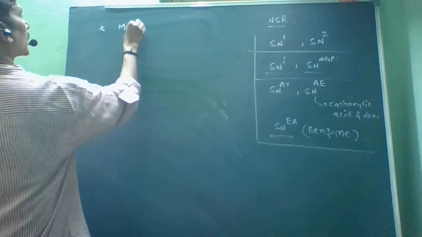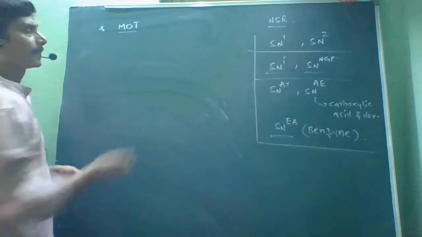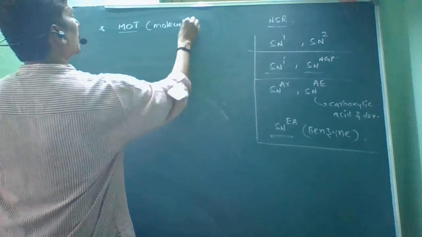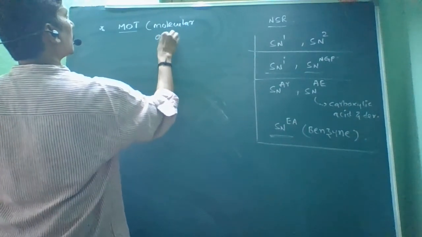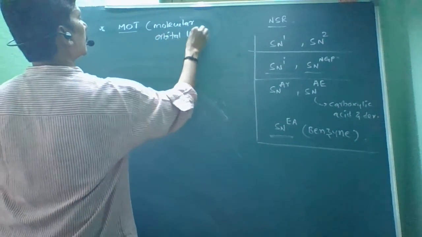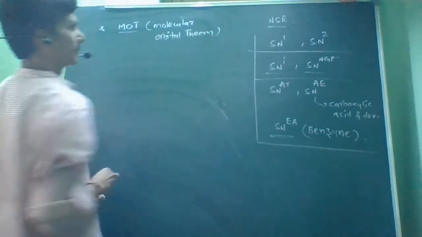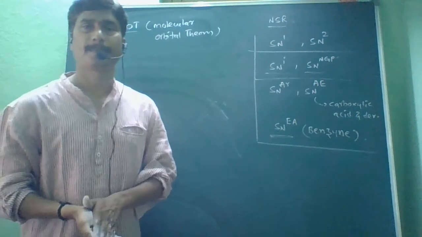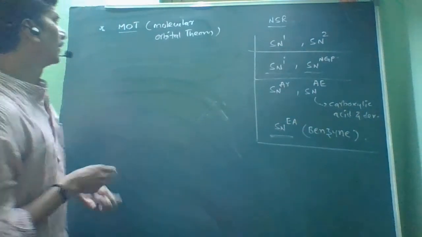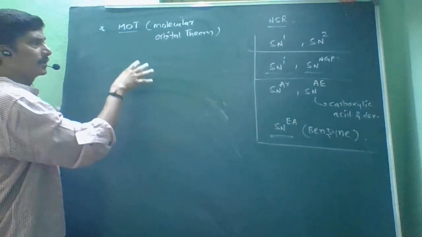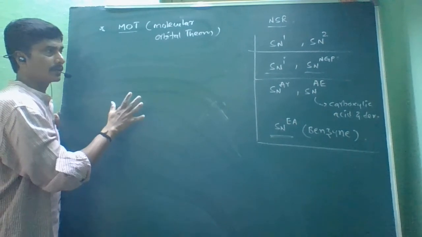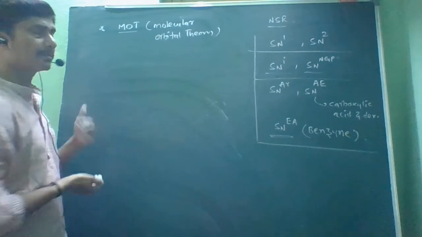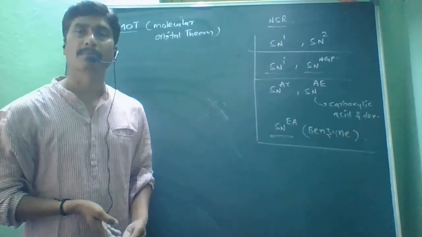That is MOT, molecular orbital theory, which was proposed by Mulliken. Here we are not going to do a detailed study. I will just summarize some points which are required to better understand this reaction mechanism.